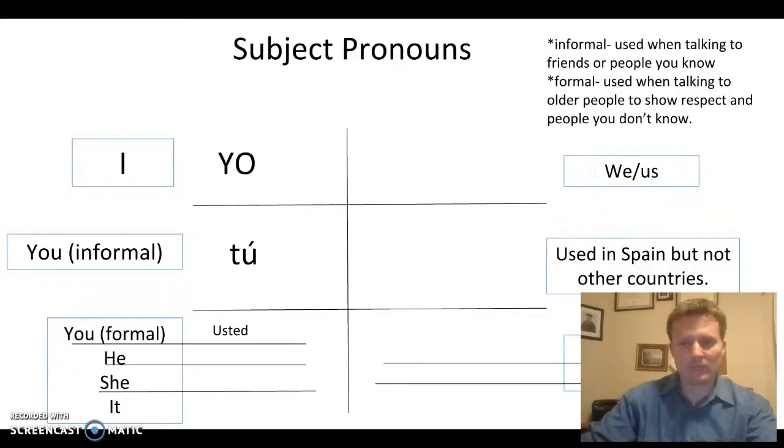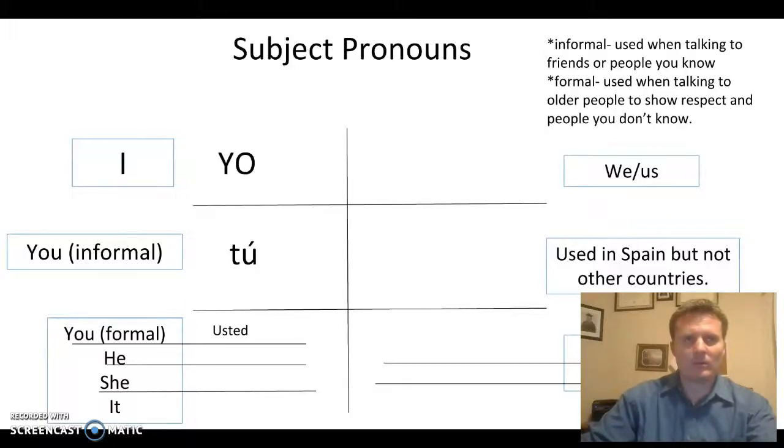And that would explain why Hispanics in class might be speaking in informal Spanish, because they're speaking amongst their friends. Now the formal is used when you're talking to, say, older people. It's to show respect. It can be used to speak to people that you might not know.